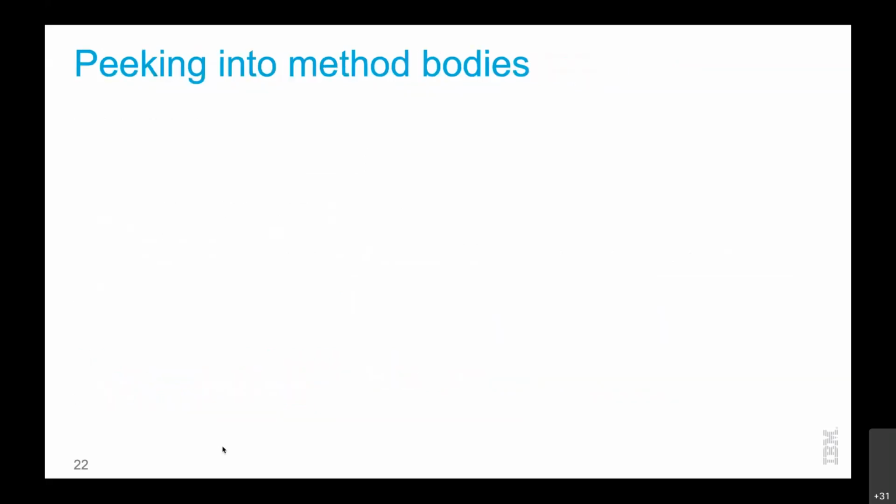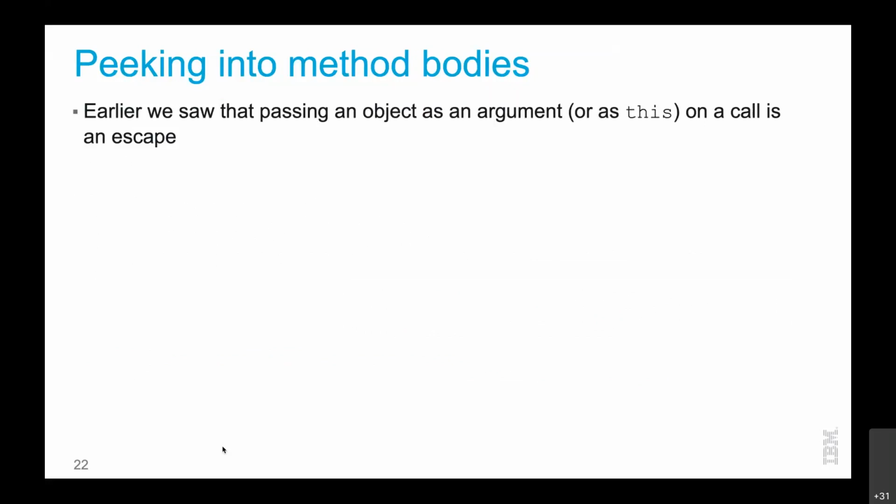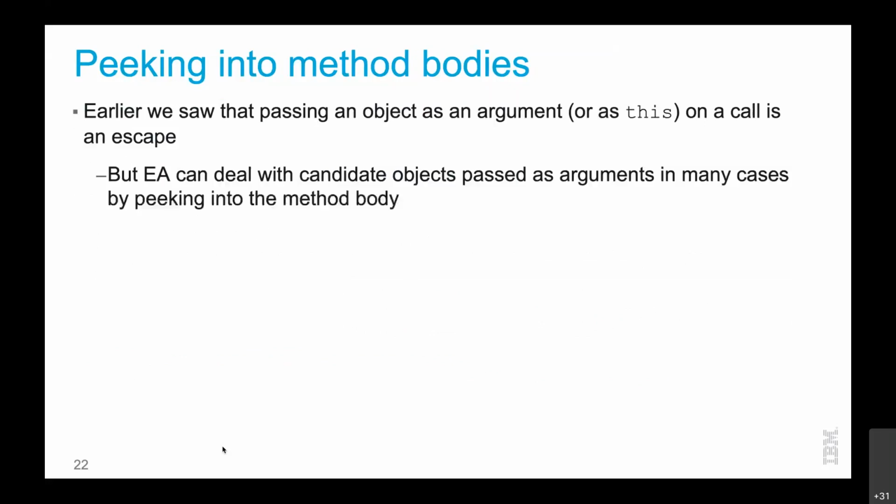Okay, so I mentioned earlier about passing things in as arguments, and that we have the potential of doing something called peeking in escape analysis. In our earlier examples, we saw how passing an object as an argument, or as the this object on a call, is considered to be an escape for that object.